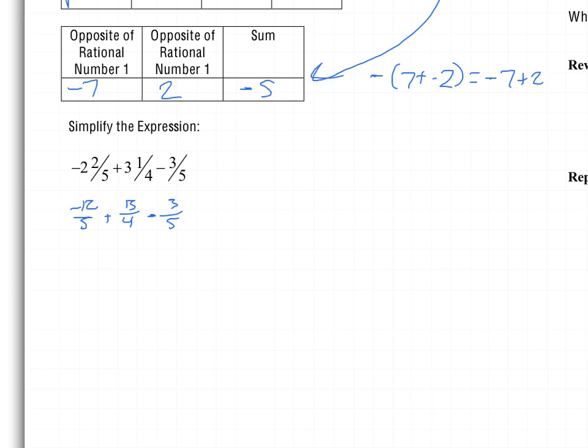So that would be times 4 over 4 would give me negative 48 over 20 plus multiplying by 5 here would give me 65 over 20 minus 12 over 20. And kind of our justification here is this is just improper fractions. Change to improper. Change to common denominator.